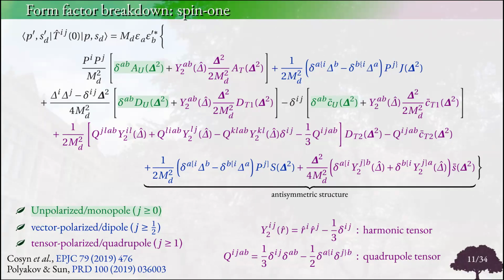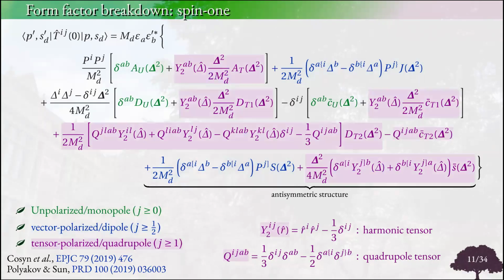They're the same A, D, and C-bar that appear in a spin zero target. So they're already known in a sense. Next, if you have a vector polarized ensemble of deuterons, then you only have 2 form factors that contribute. And these are the same J and S form factors that appear in spin 1/2 systems. So these are not new either.